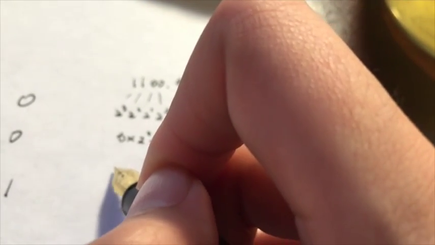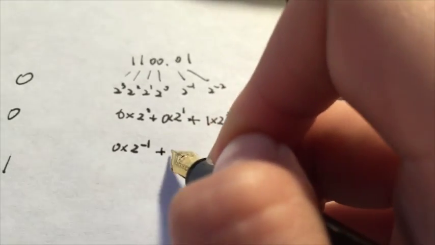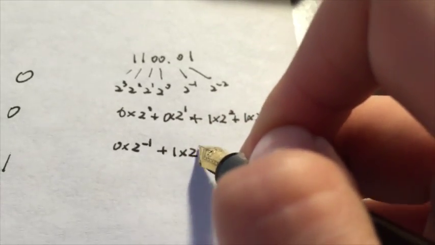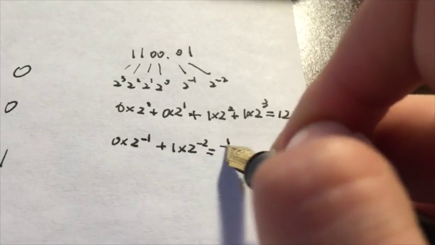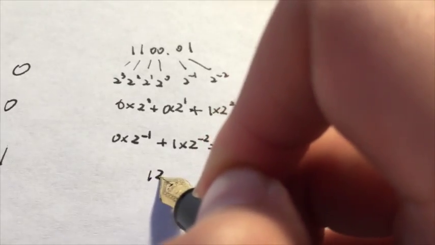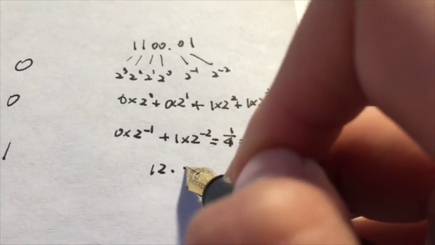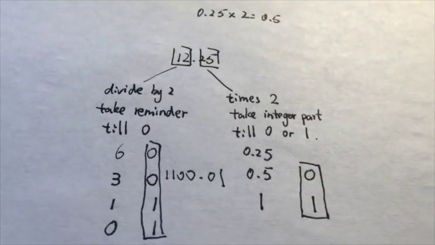For the decimal place side, we use 0 times 2 to the power of negative 1 plus 1 times 2 to the power of negative 2 equals 1 over 4. We add them together is 12.25, which equals our original number.